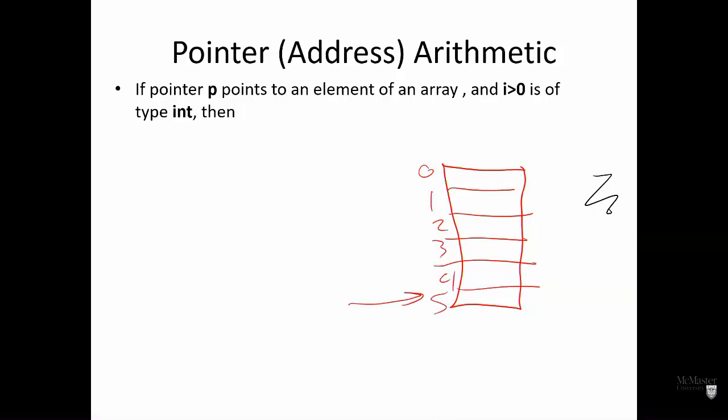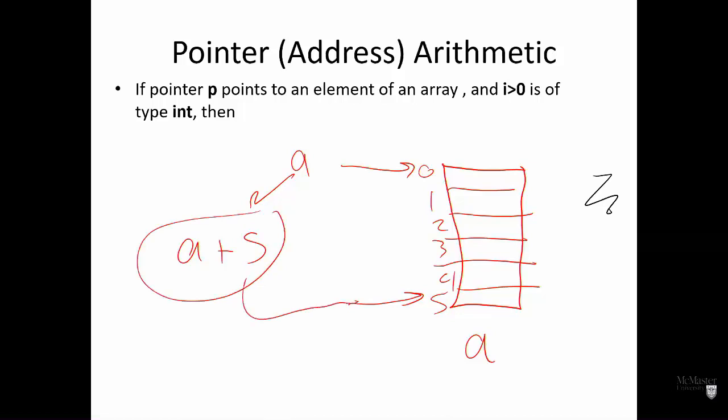I want to access this one. And I know that array A holds the address of the first element, right? If I do A plus 5, what you expect logically is this should point to this entry, right?